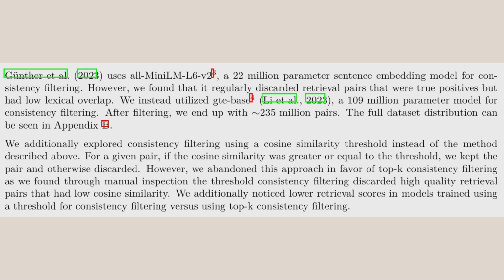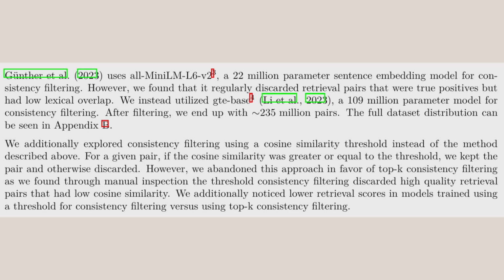A detail that they added, which I thought was a really interesting, nuanced way to think about this, is that when they use a cosine similarity threshold instead of the top K method that they described, they found that the quality of the retrieval pairs was lower when using this kind of universal cosine similarity threshold.